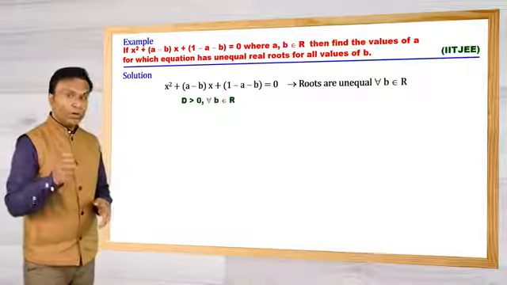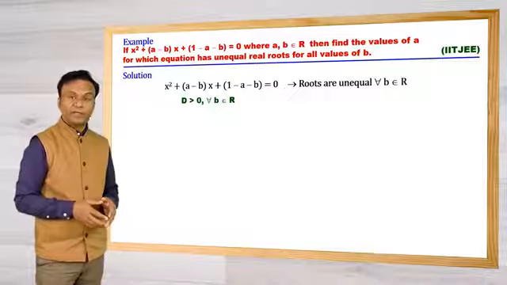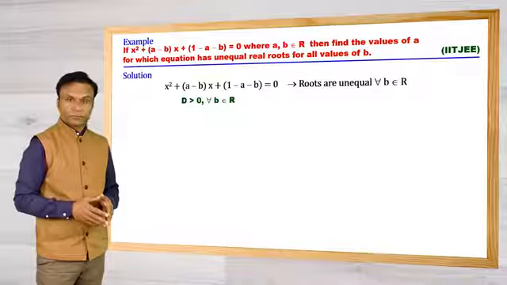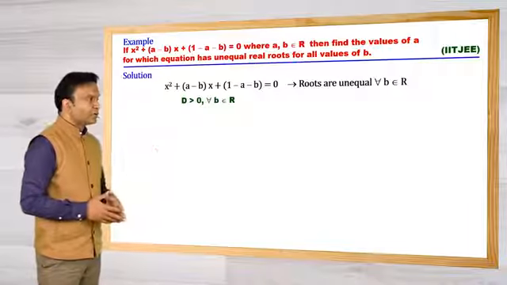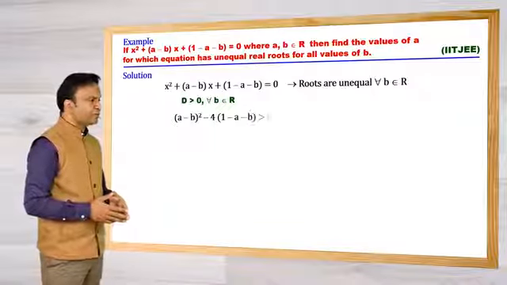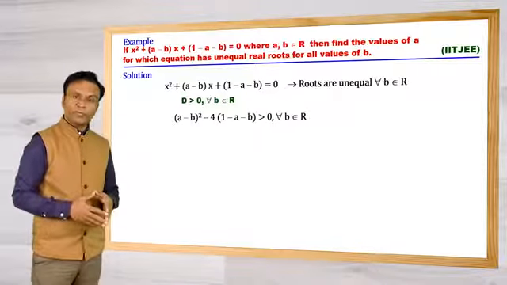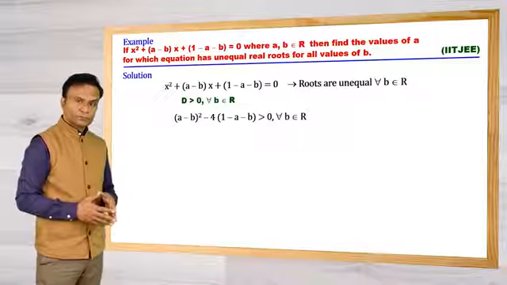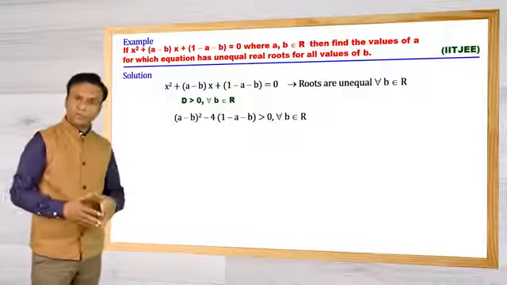But for all real values of b, this statement is very important. Okay. Now the discriminant of the equation is (a minus b) square minus 4 times (1 minus a minus b). This is greater than 0 for all b belongs to R. Now this inequality is true for all b belongs to R.